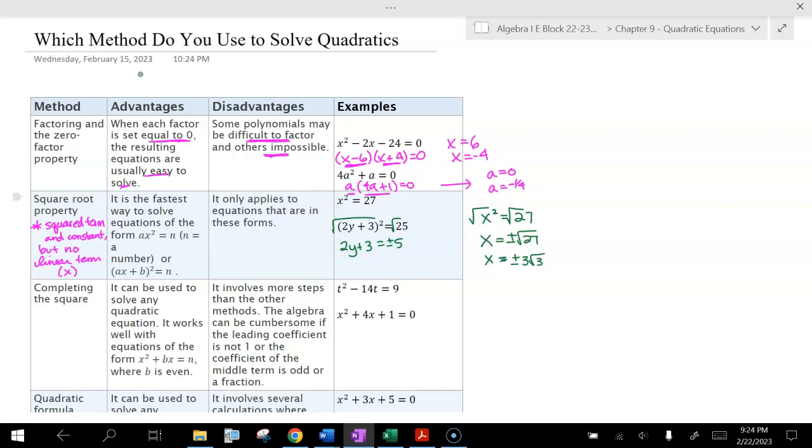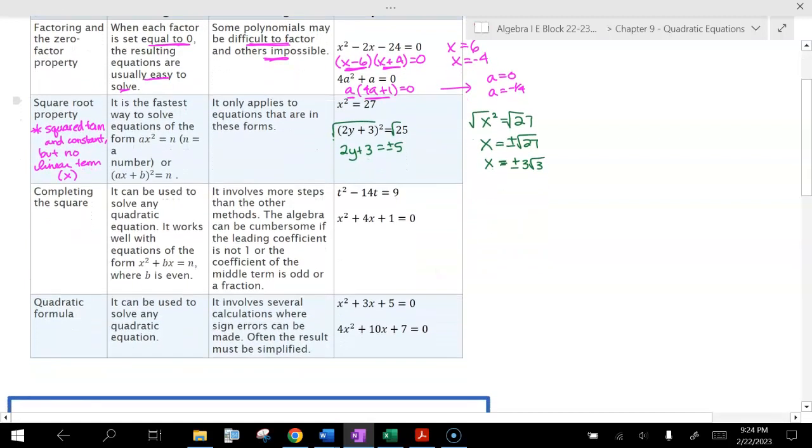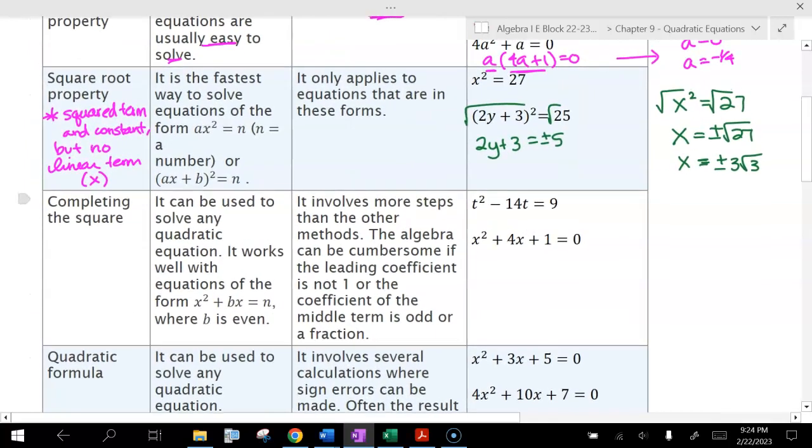Okay, let's look at the next option, which is completing the square. We can really complete the square using any quadratic function. But the thing I want you to recognize is that you only want to use this method when the coefficient of your squared term is 1.